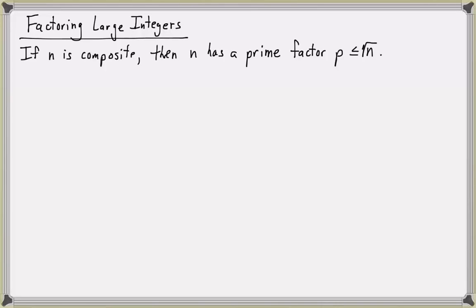So why don't we just look at all the primes less than or equal to square root of n, to check to see if n is composite? Well, this is going to take way too much time, and this is a very, very slow process for large n. So it would take too long to try to factor n by dividing by every prime that's less than square root of n.